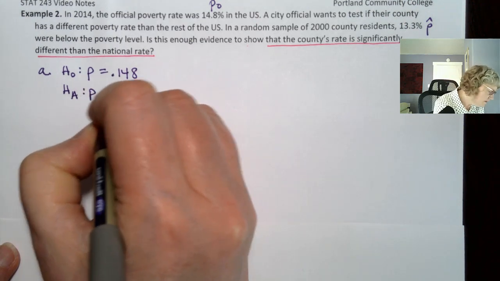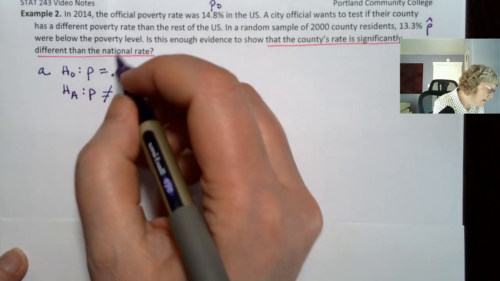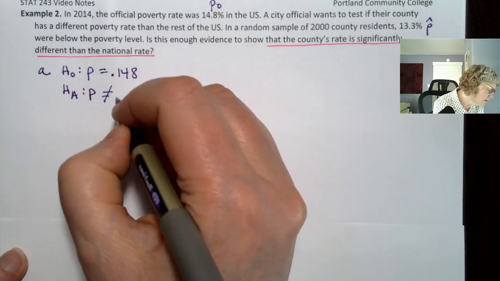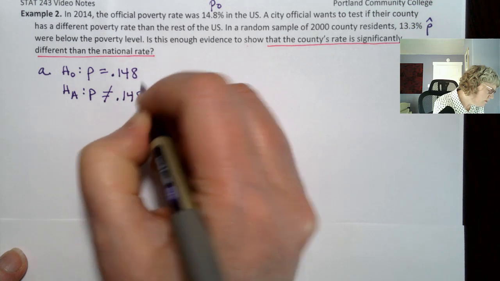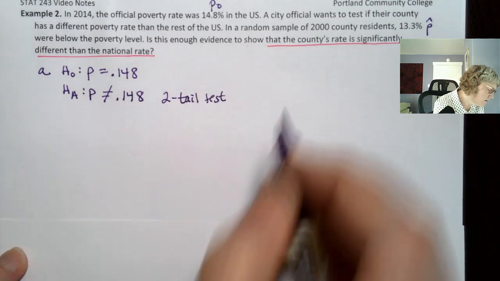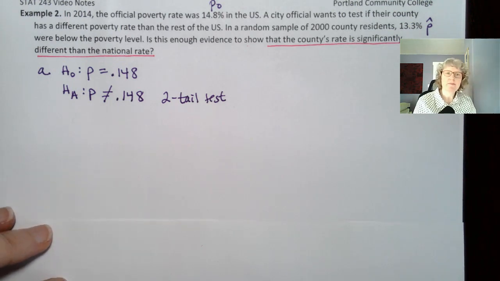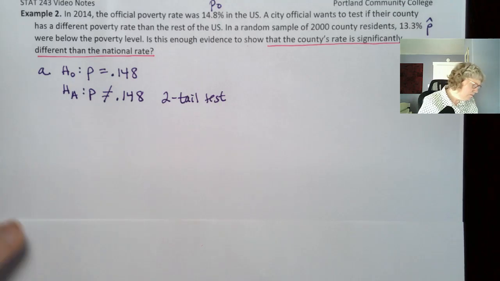If you said two-tail test, you're right. The alternate is that P is not equal to 0.148, and this is a two-tail test.